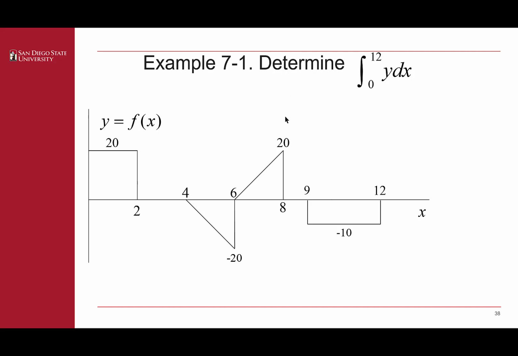And our boundaries are 0 to 12 for values of x. So we have to make the boundary arrangement on the x-axis because our variable is already x.